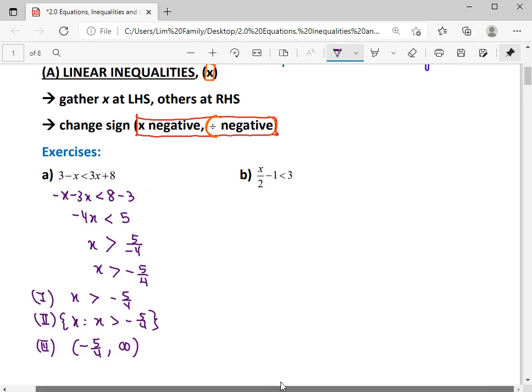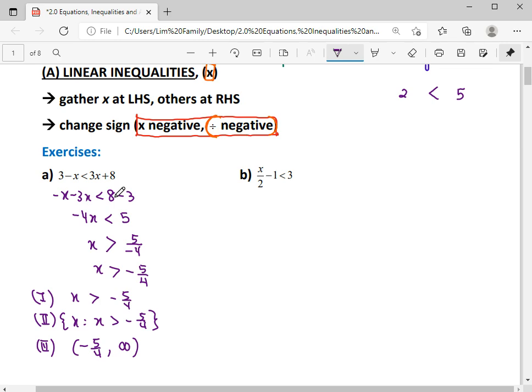Okay, so we come to the concept of why we need to change the sign when we multiply or divide by a negative. For example, I give you the numbers 2 and 5. 2 is less than 5. This is the status of their inequality.